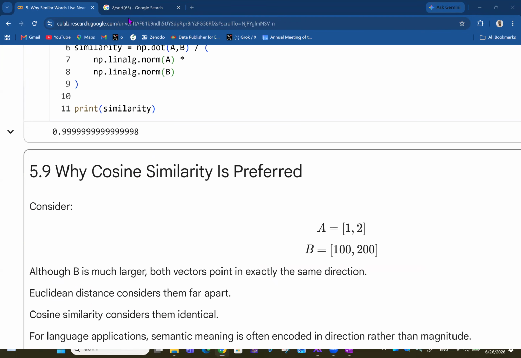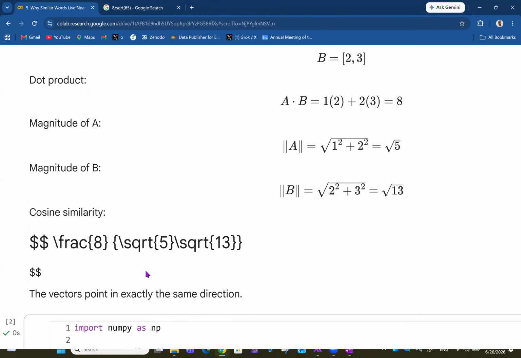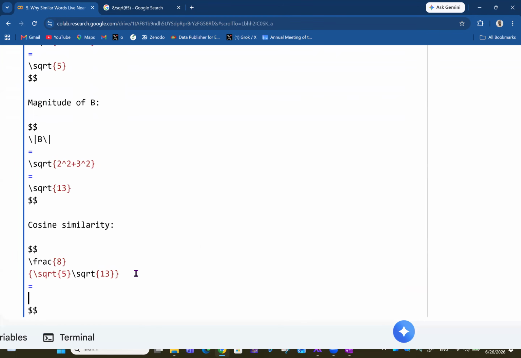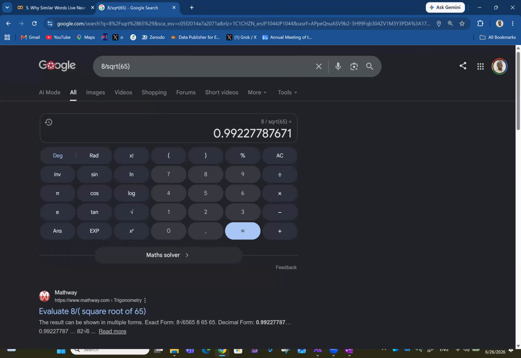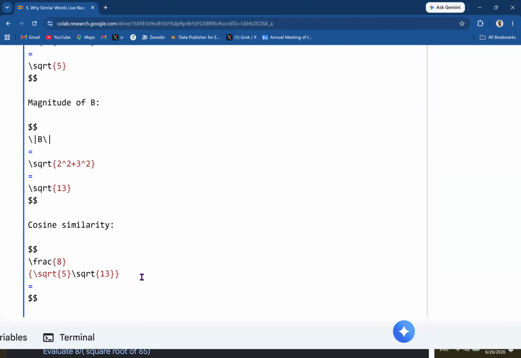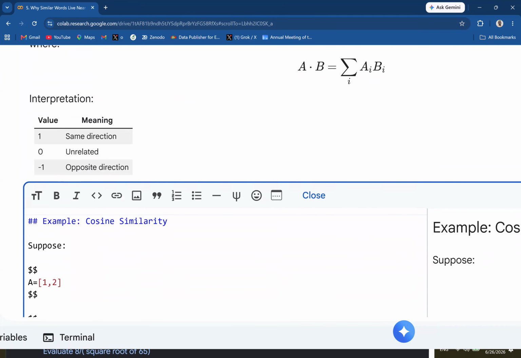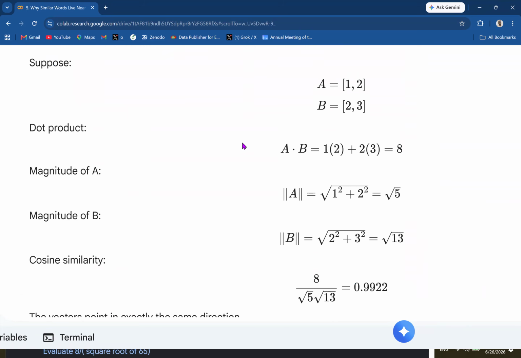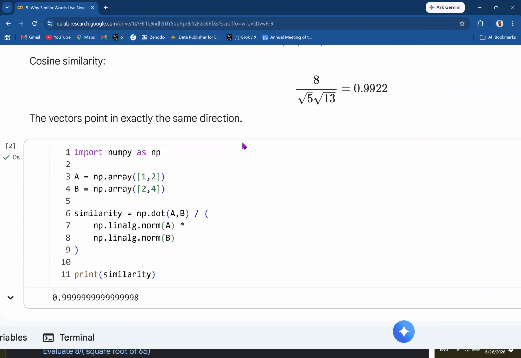So when we come back here, this is 0.9922. That way we are easily able to compare the same kind of vectors.